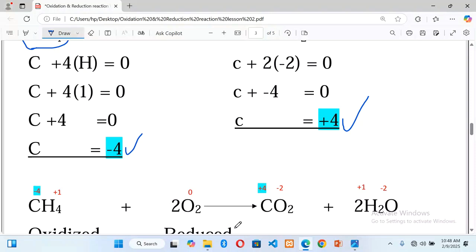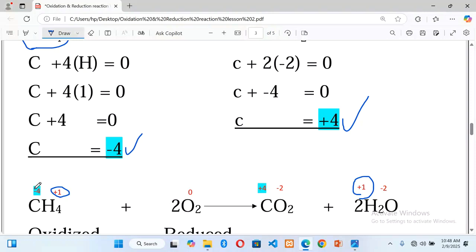So from there, we can now assign them all the oxidation numbers. We have seen that the oxidation number of carbon here is -4, and the oxidation number of carbon here is +4. So what do we see? We can see that for hydrogen, its oxidation number is not changing. It remains as +1. What about carbon?